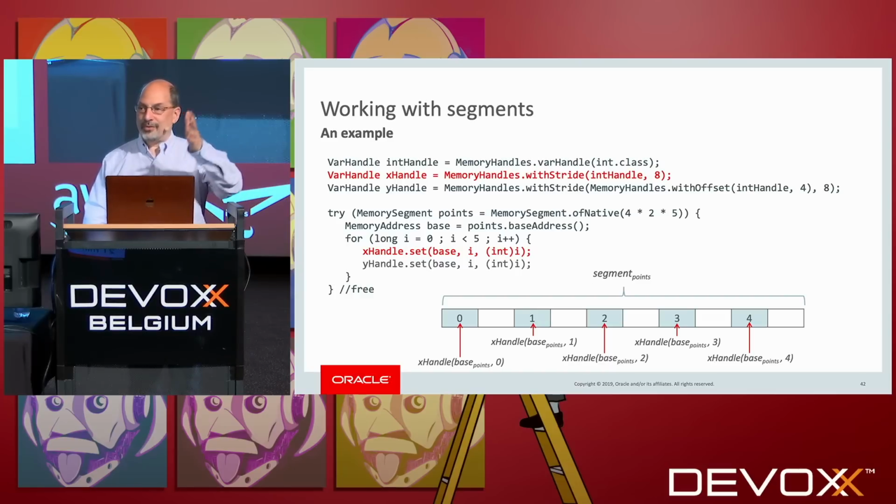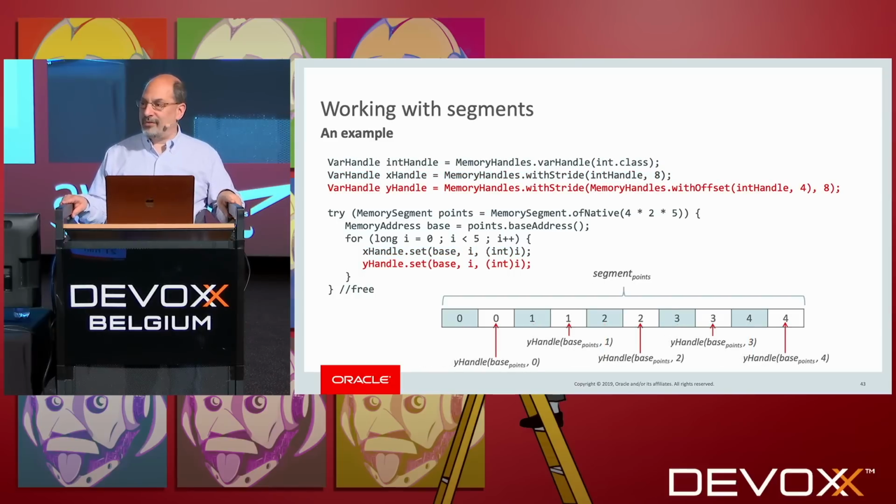So we write 0 into the first element, 1 into the next element, 2 into the next element, etc., and then we do the same with the y values. Okay, so it's pretty low level, right? The var handle API is intended to compile down to direct memory access instructions, so it's pretty low level, but it's handling at least some of the addressing computation for you.